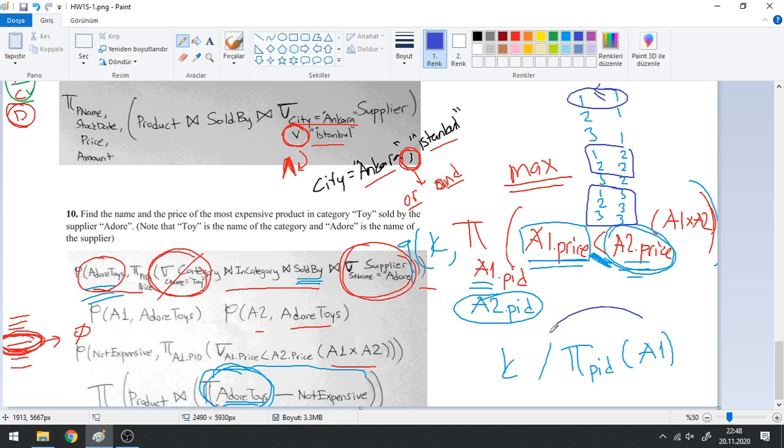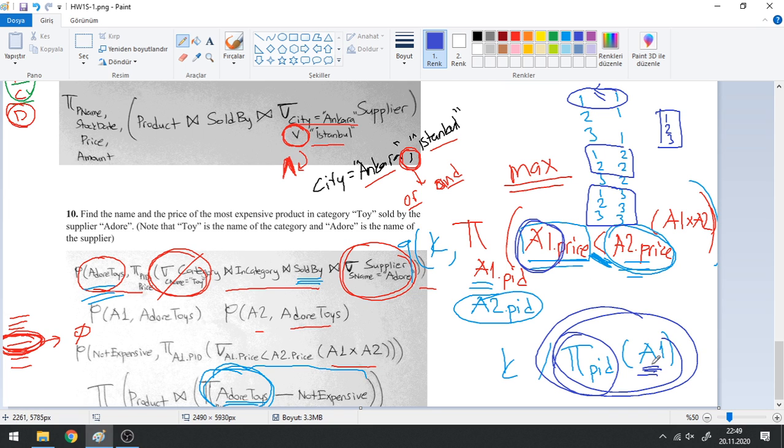Then if I divide it by the same table for the PIDs, that same table is 1, 2, 3. While dividing it, I divide them by PID, and this should be A1 side. Yes, I'm getting it from A1 side, and for the A1 side, I'm dividing them.